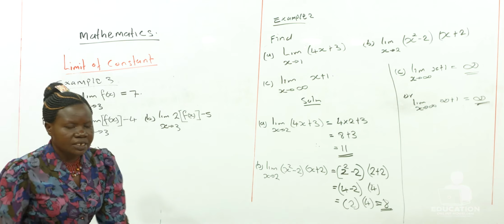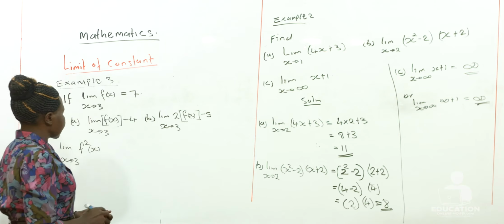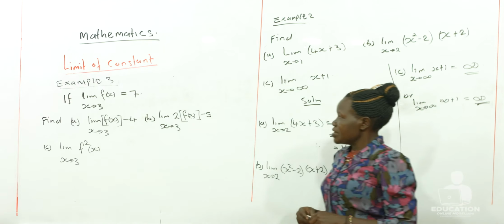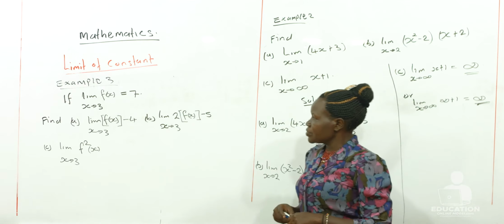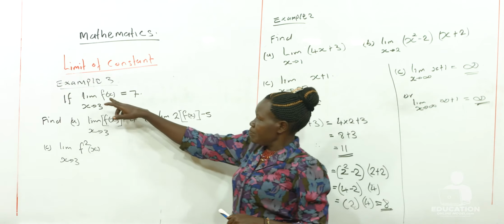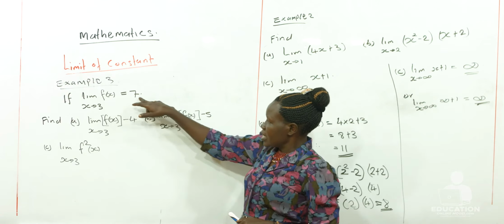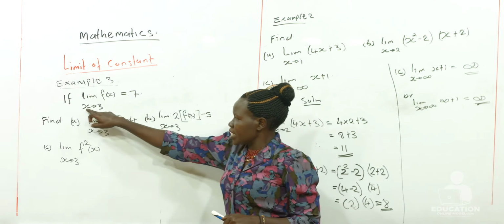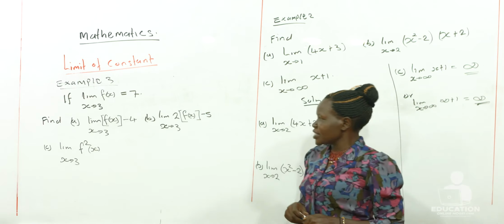So dear learners, look at this example number 3. Example number 3 says, if the limit of a function f(x) equals 7, so f(x) equals 7, and x is approaching 3.